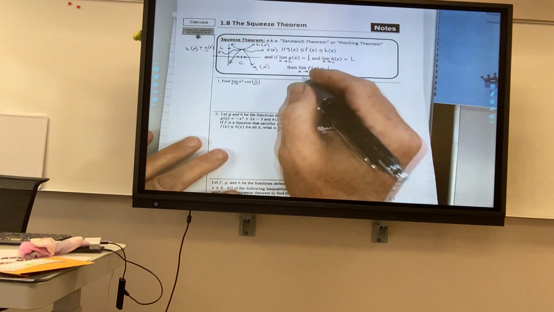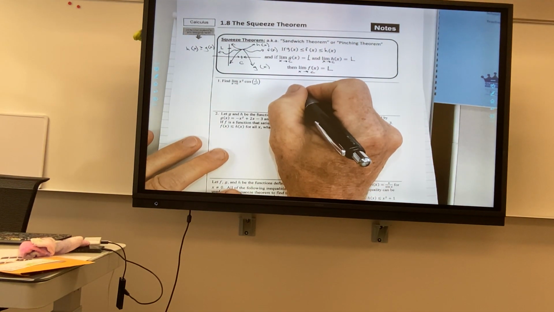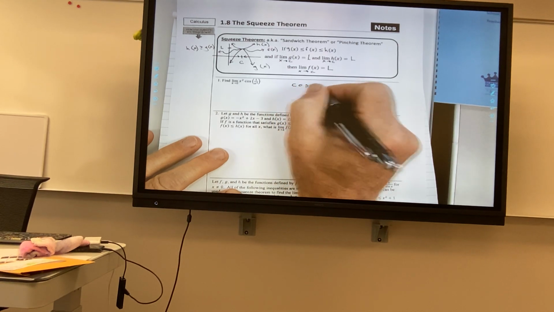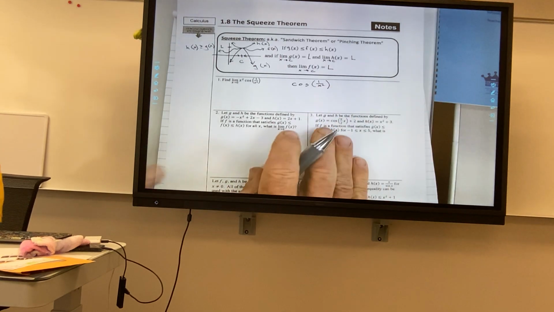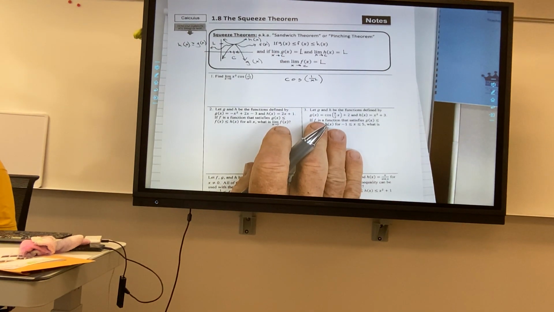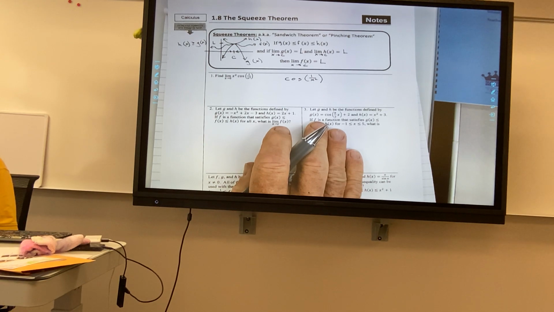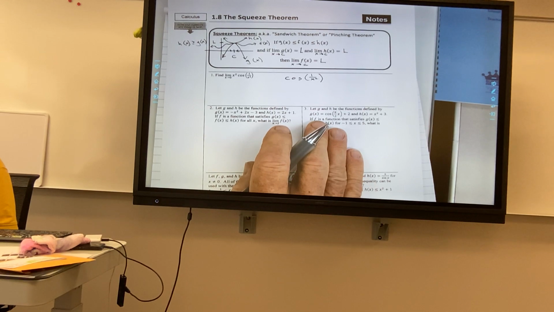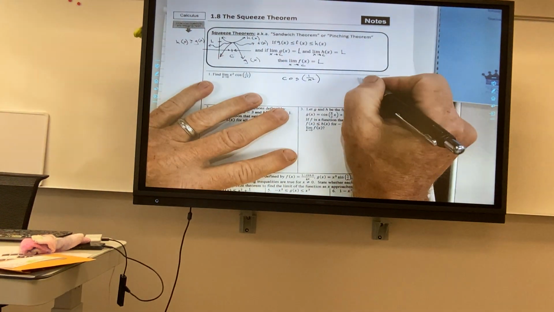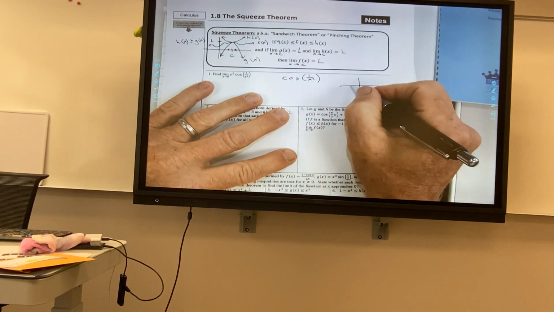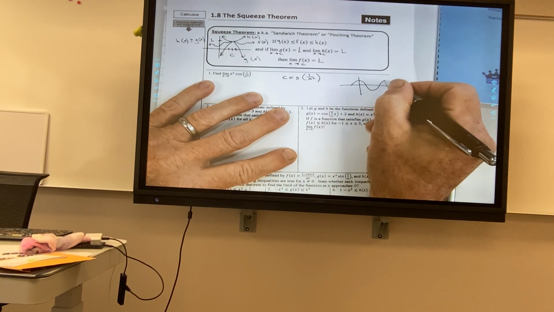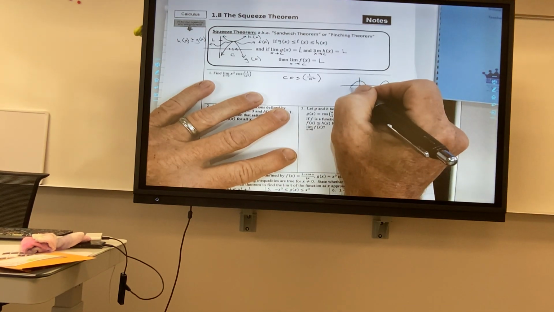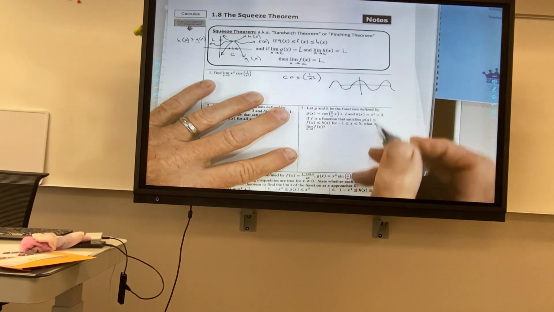Okay? First thing I'm going to do is take the cosine of 1 over x squared. Now, the reason I chose cosine is that it's bounded. Its y's are bounded. If you ever look at cosine, its y's go up and down, correct?